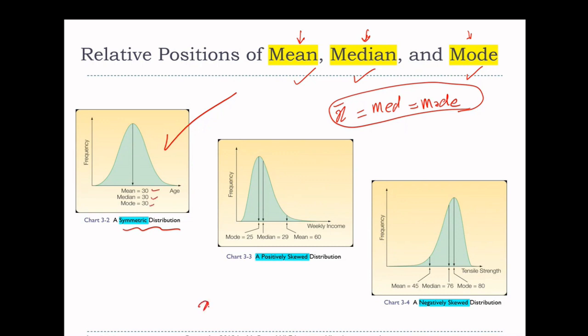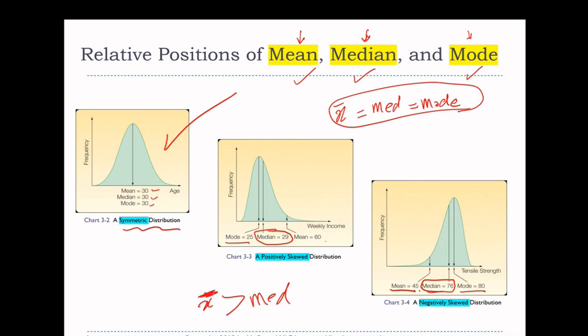Okay, if the mean is greater than the median, the median is always in the middle. If the mean is greater than the median, then the mode should be less than the median. If the mean is less than the median, then the mode is greater than the median.